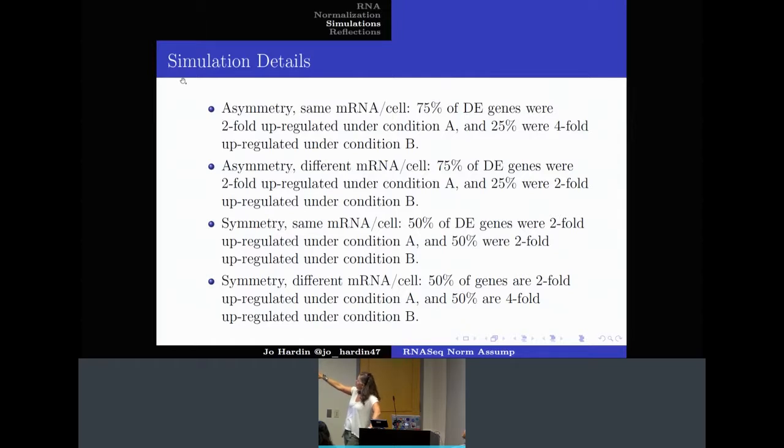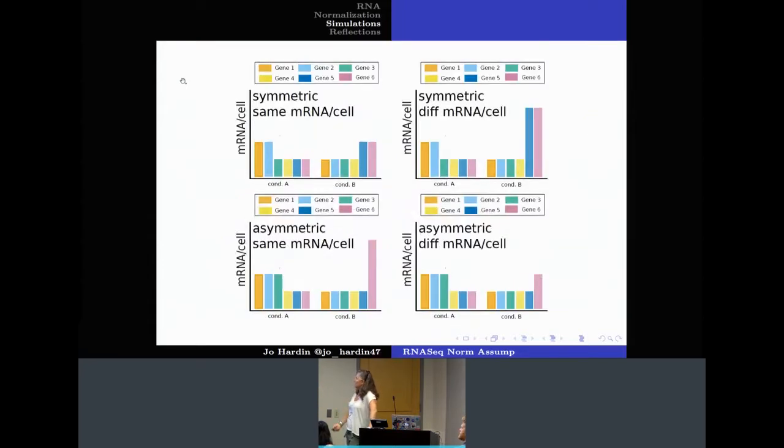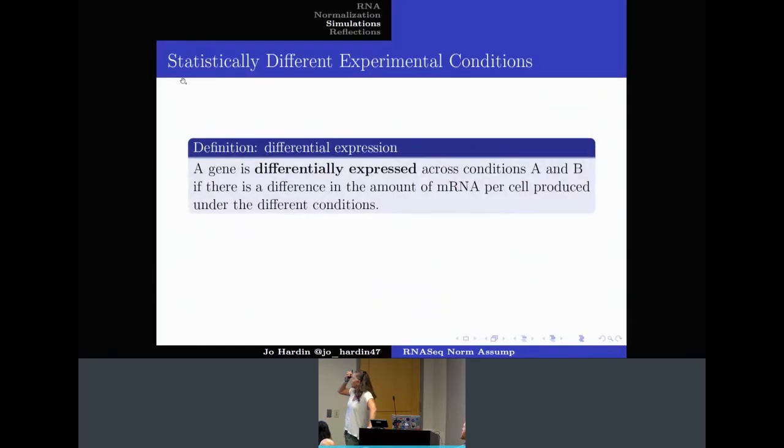Oh, sorry. 75% were twofold upregulated under A, and 25% were fourfold upregulated in B. So you would call that downregulated in B. Asymmetry with different mRNA, we did twofold and twofold, right? Because twofold and twofold would give us a different amount of mRNA. So these are just the simulation details, and they just equal this slide, which I think is a little bit easier to think about.